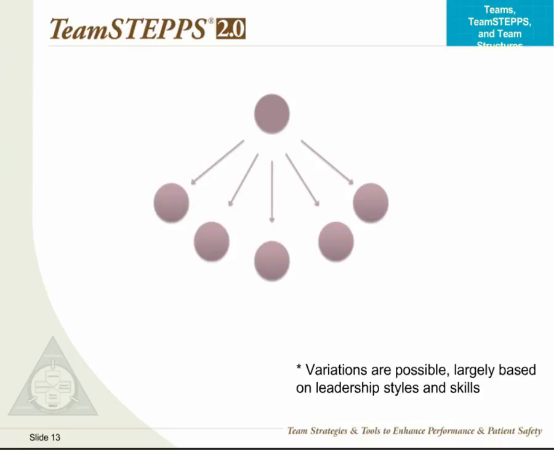So we could redraw this diagram depending on those circumstances. We might have double-headed arrows instead of single-headed arrows. We might have some indication, maybe it's lines or arrows that connect those lower tier team members to one another, so some sort of lateral communication.